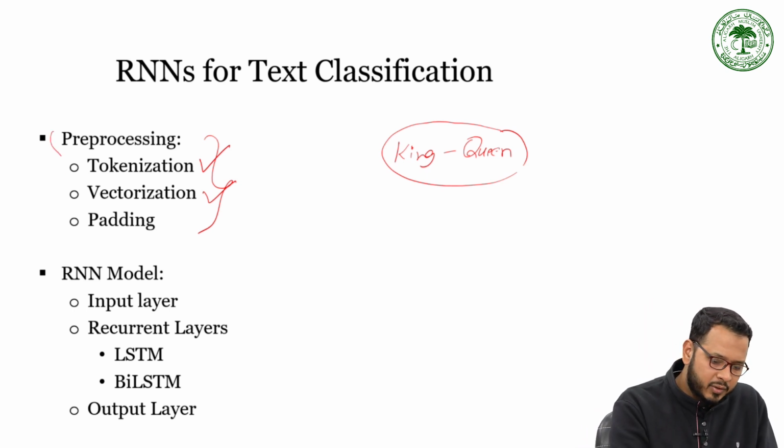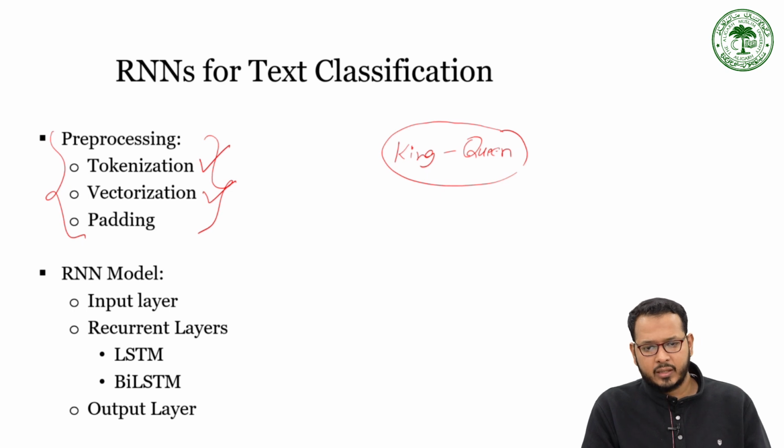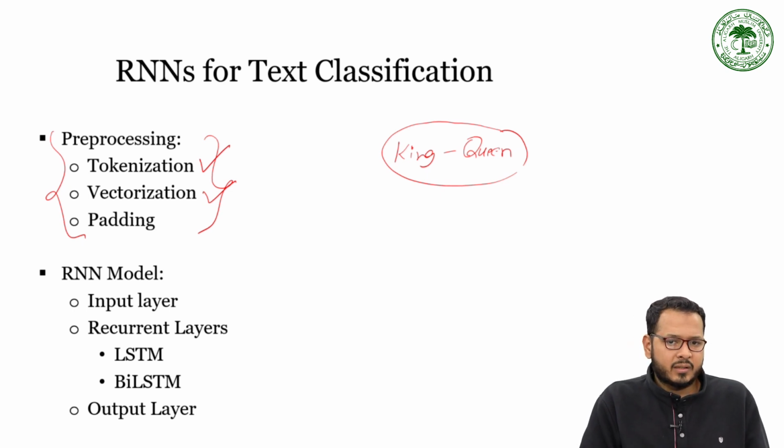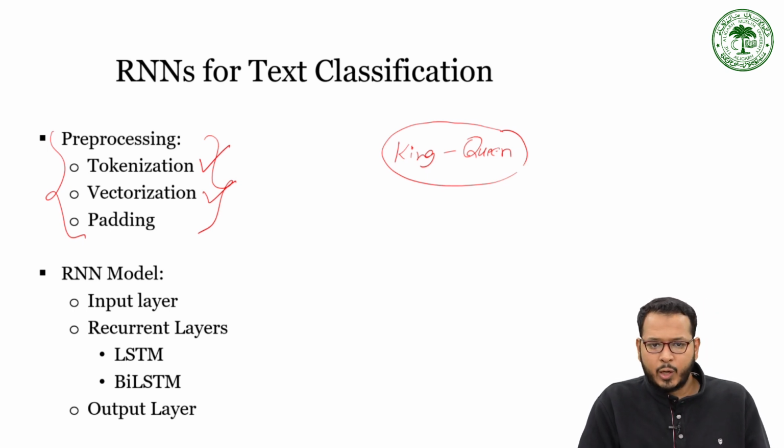Once this pre-processing is done, we first design an RNN model, like we did in the case of the CNN model. Typically, RNN models contain at least three layers: one input layer, some recurrent layers, so you can have multiple recurrent layers, and one output layer.